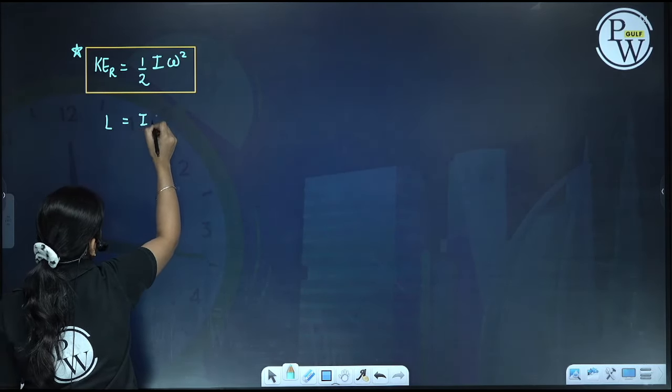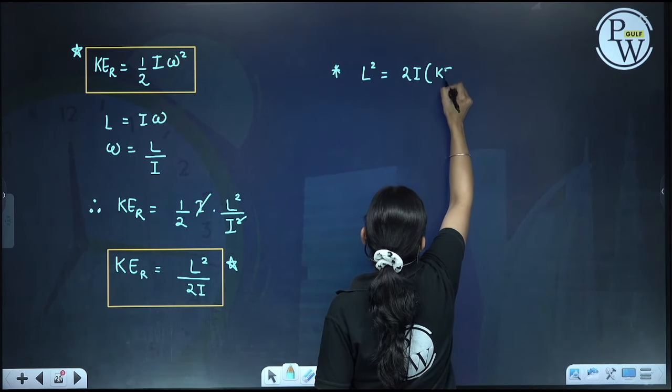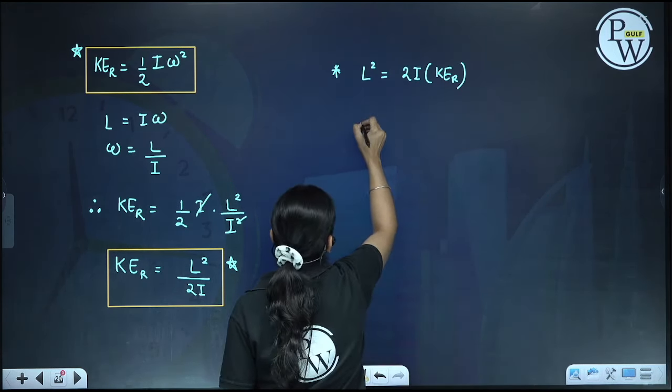Also we can write that L square is equal to 2I into KE rotational. So from here we get that angular momentum is under the root of 2I into KE rotational. These are various expressions for kinetic energy and angular momentum.